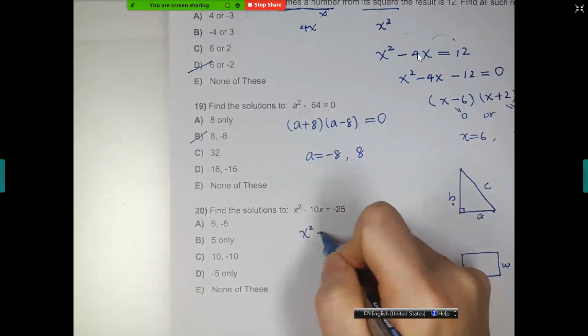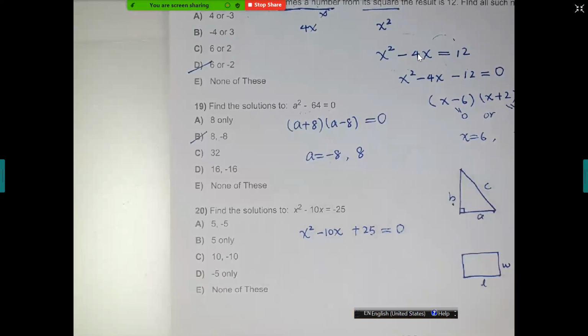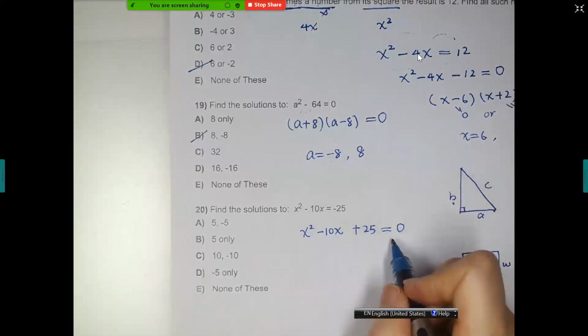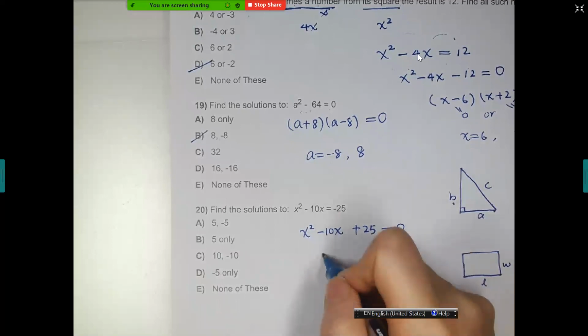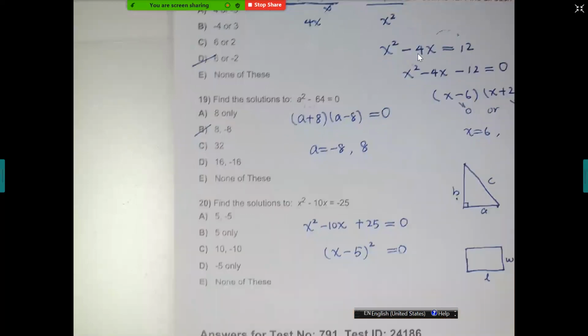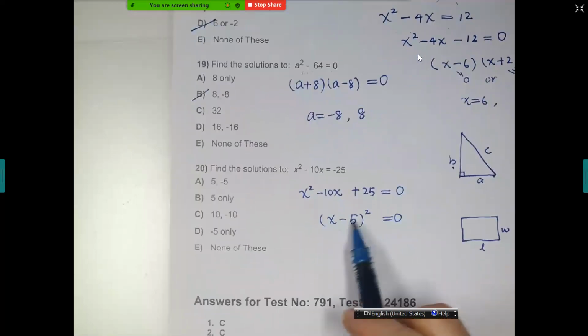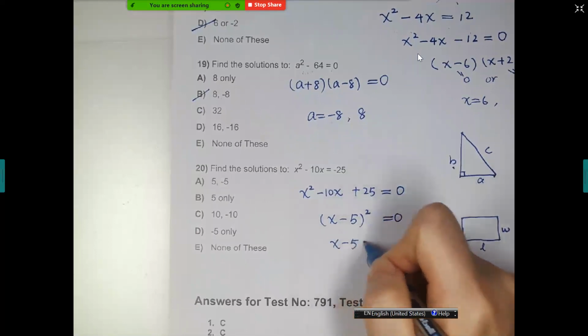B is the right answer. Last one, turn this into standard form: x squared minus 10x plus 25 equals 0. The left side, I am able to recognize, is x minus 5 squared equals 0. Okay, so when something squared equals 0, the base must be 0. So x minus 5 equals 0.